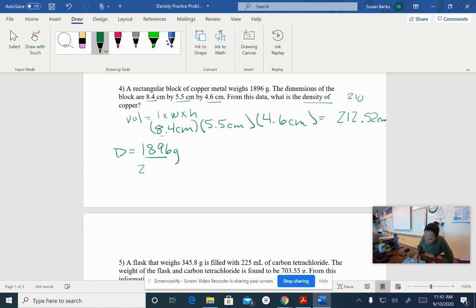I'm going to divide by the 212.52, and I'm going to compare it with if I rounded. Let's do a comparison and see the difference there. So here I'm going to take the 1896 and divide by what I have.